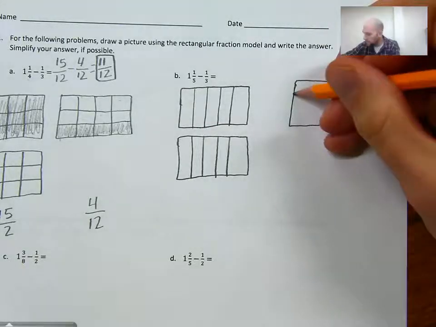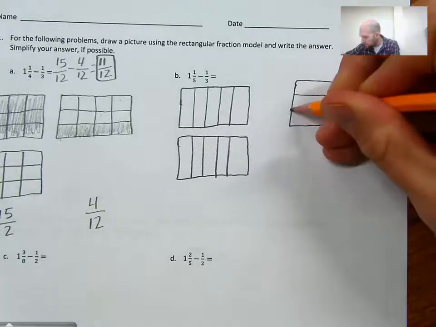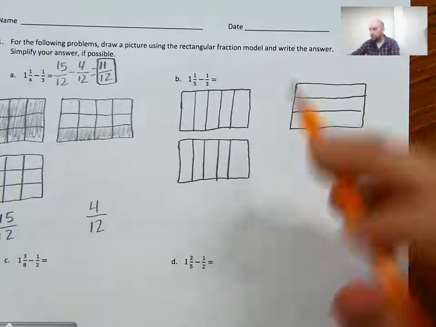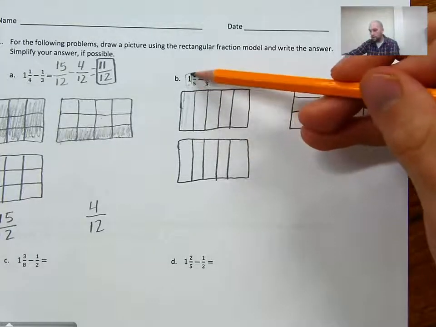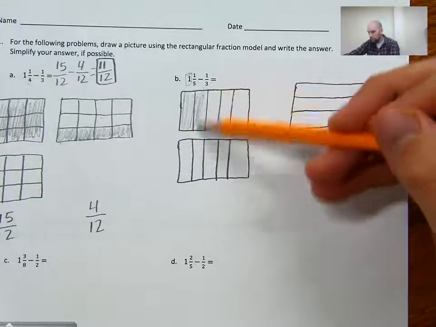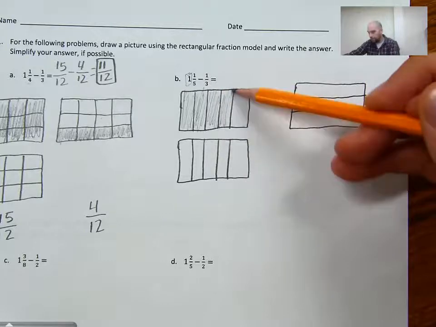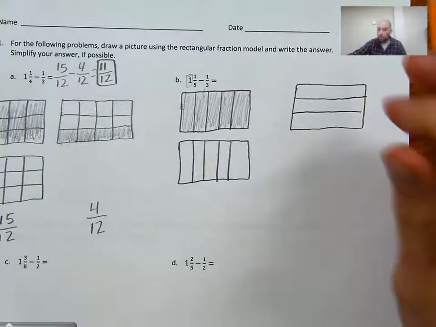This rectangle here will get split into thirds. Now I need a whole rectangle shaded because I have this 1 right here. This 1 is 1 whole. It's 5/5. So I need to shade 5 whole fifths here to make 1 whole.